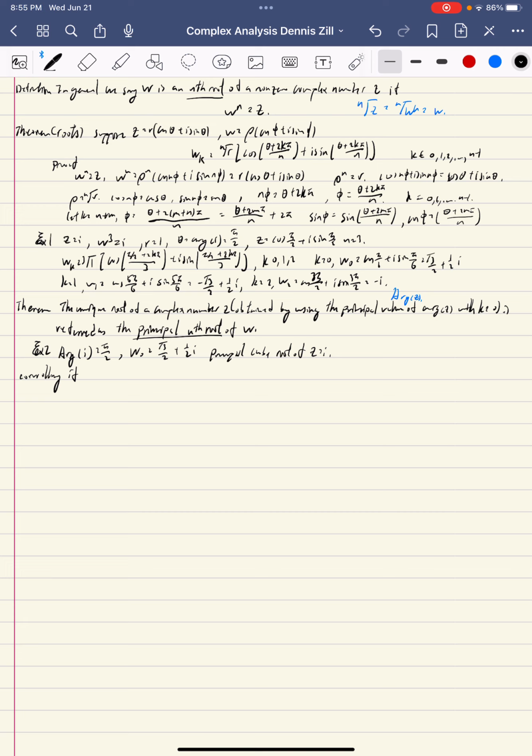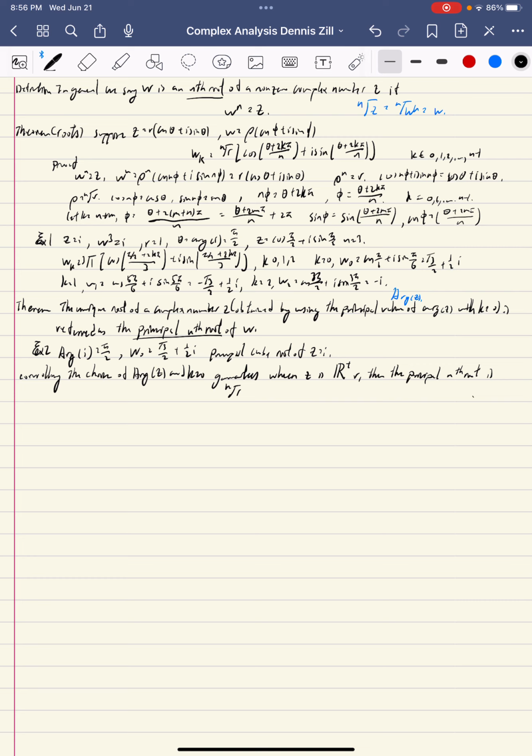The choice of the argument of z and k equal to 0 guarantees that when z is a positive real number r, then the principal nth root is the nth root of r.